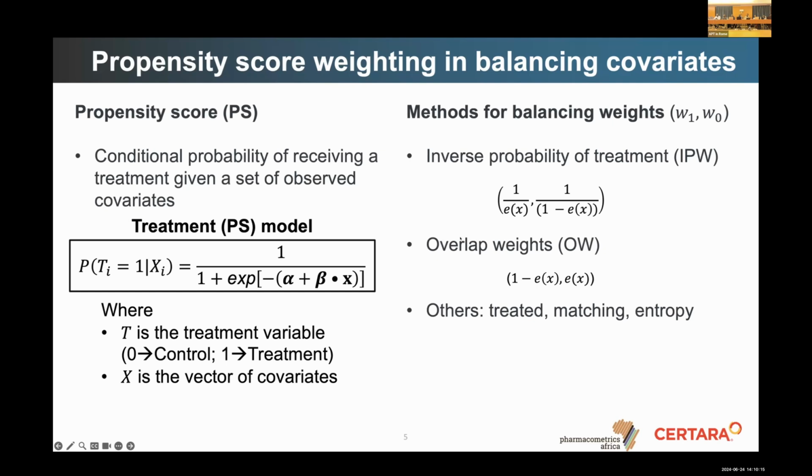Overlap weights in particular have been advocated for a lot because they are very effective in balancing covariates that are quite diverse in nature. There are other methods such as the treated approach, matching, and the entropy approach that we do not explore here. So in the more traditional sense, you would fit this treatment model and then extract propensity scores, and then you balance weights based on the propensity scores that you obtain.